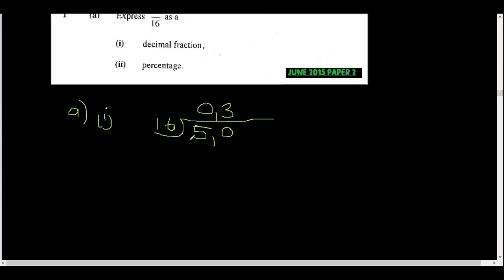Then 16 into 50, that's 3. 3 times 16, that's 48. 50 minus 48, we get 2. Then we add another 0 and drop it to make 20. 16 into 20, that's 1. 1 times 16 is 16. 20 minus 16 is 4.